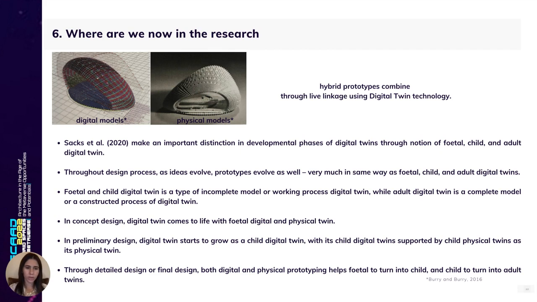Throughout the design process, as ideas evolve, prototypes evolve as well, very much in the same way as fetal, child, and adult digital twins. Fetal and child digital twins are a type of incomplete model or working process digital twin, while the adult digital twin is a complete model or a constructed process digital twin.